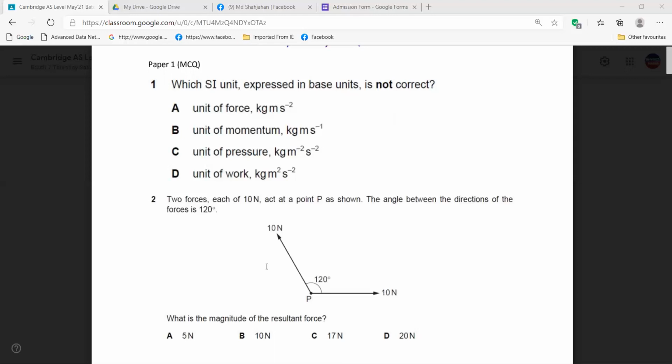When I speak, I think you cannot hear me, but I can hear you. Okay. So, can you read, please? Question number one, yes.